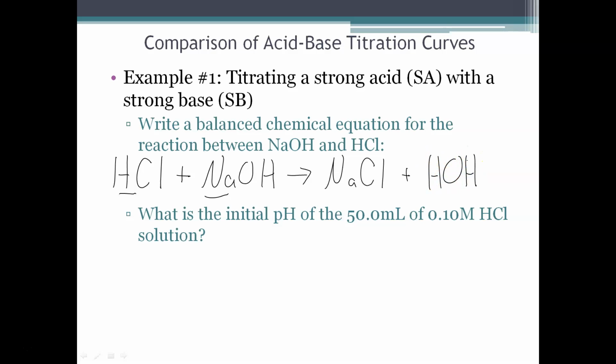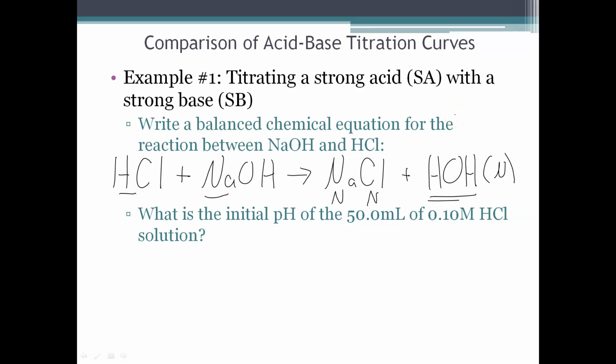Okay, so what we want to do now is look at just our products here. What are we left with in this chemical reaction? We're left with water, and water is obviously a neutral substance. We're also left with sodium chloride, and if you go back to our hydrolysis of salt lesson, sodium, Na, is a neutral cation, and chloride is a neutral anion.